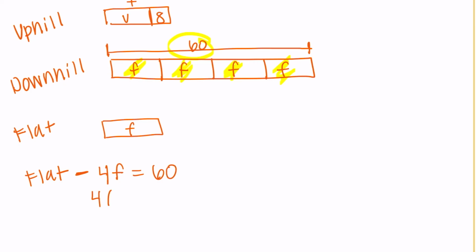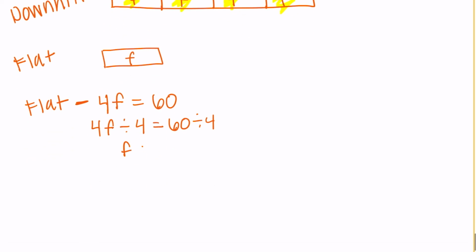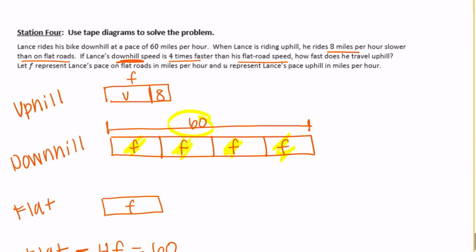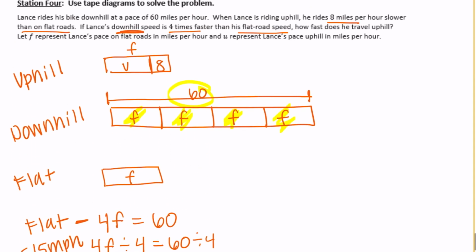We can do 4F divided by 4 will be equal to 60 divided by 4. So F is equal to 60 divided by 4, which is 15. So flat road is 15 miles per hour. But we really just care about the uphill and downhill pace.